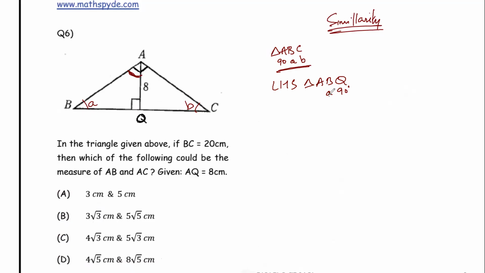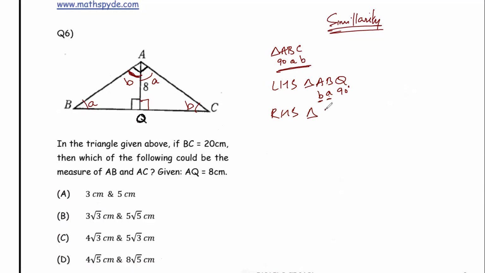So if 90 and A is given to you, then this has to be B. Can't be anything else, right? Because A and B is 90, these two together is also 90. So we come to know that this over here is B. And similarly, this over here is A on the right hand side.